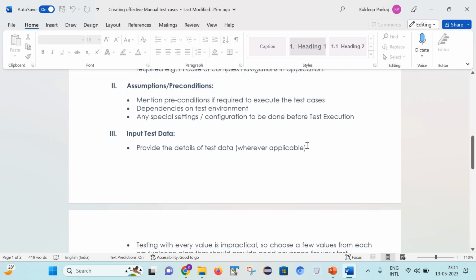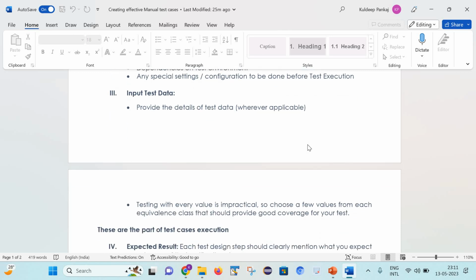Now let's talk about the input test data. This is an important aspect of test case creation, because when you are executing the test cases, you need to provide certain test data. So we should clearly mention what kind of test data is required in our test cases.